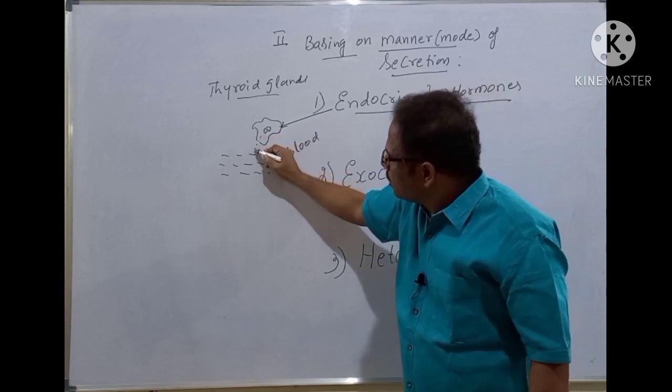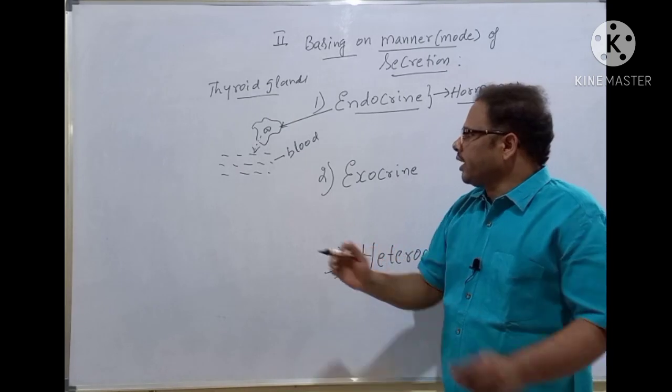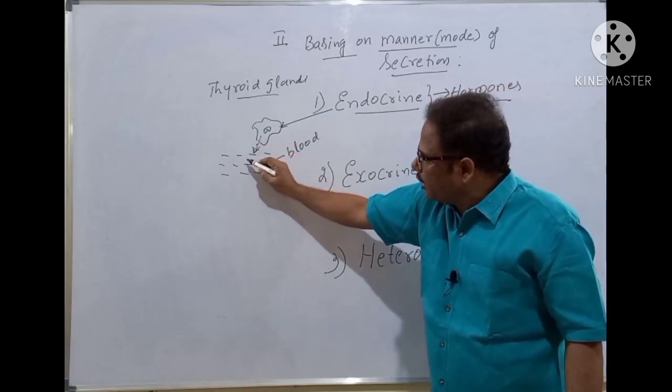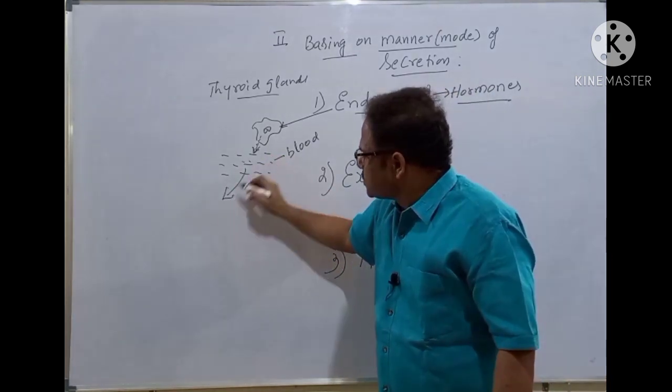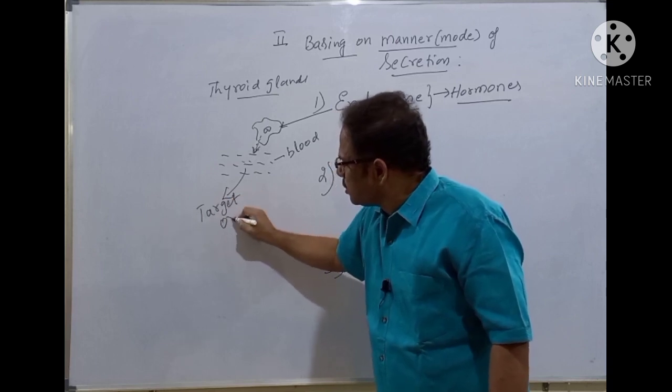The hormones are directly poured here. There is no duct. The hormones are secreted directly into the blood, and from the blood, hormones reach the target organs.